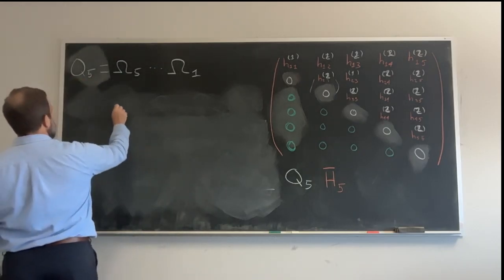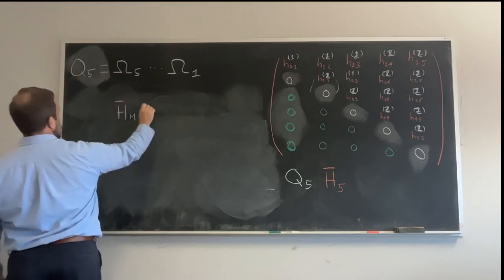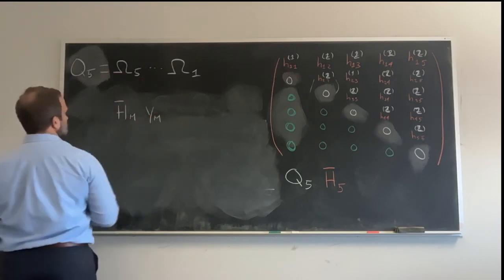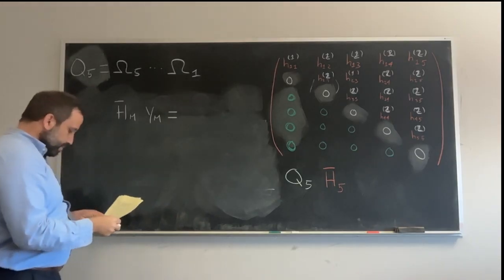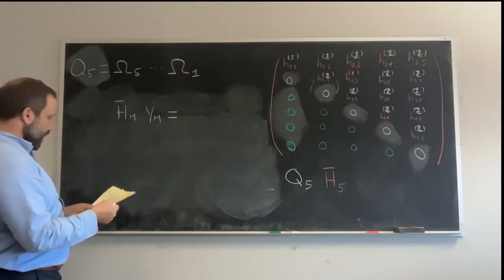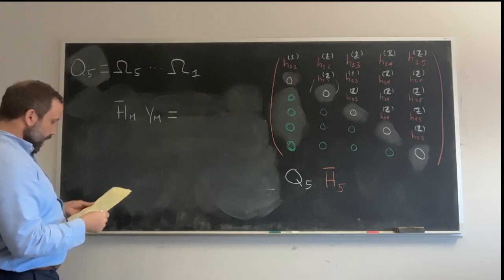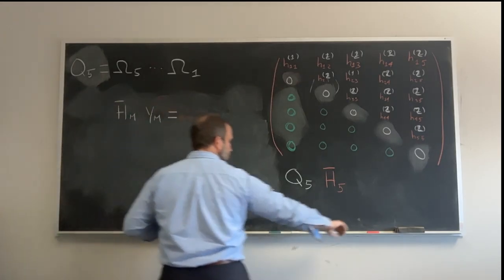Let's not forget what's going on. We have Hm bar times ym equal to beta E1. Well, let me back up a second.